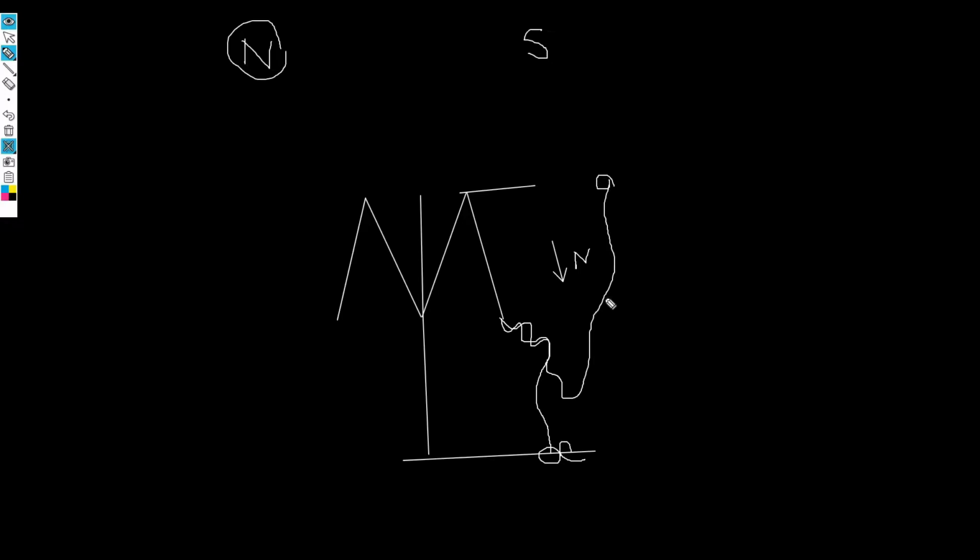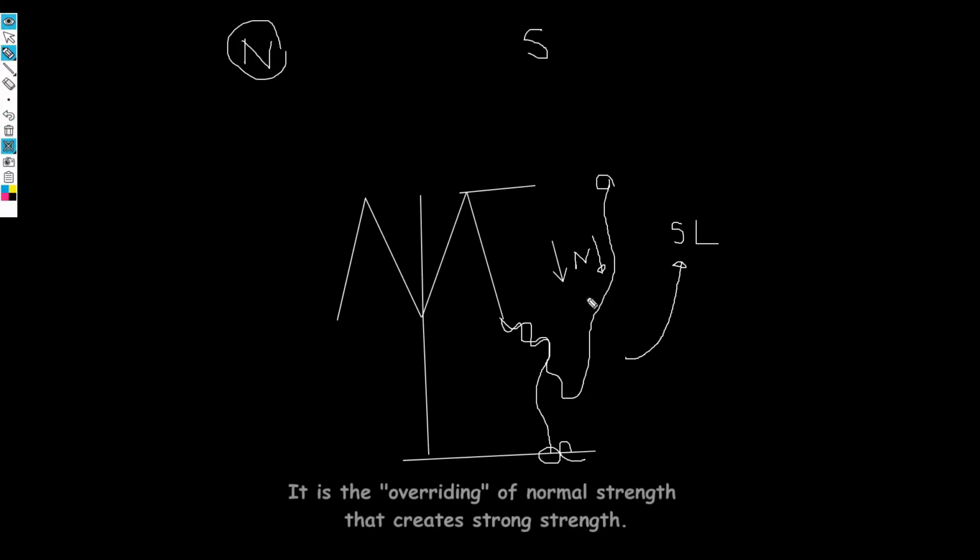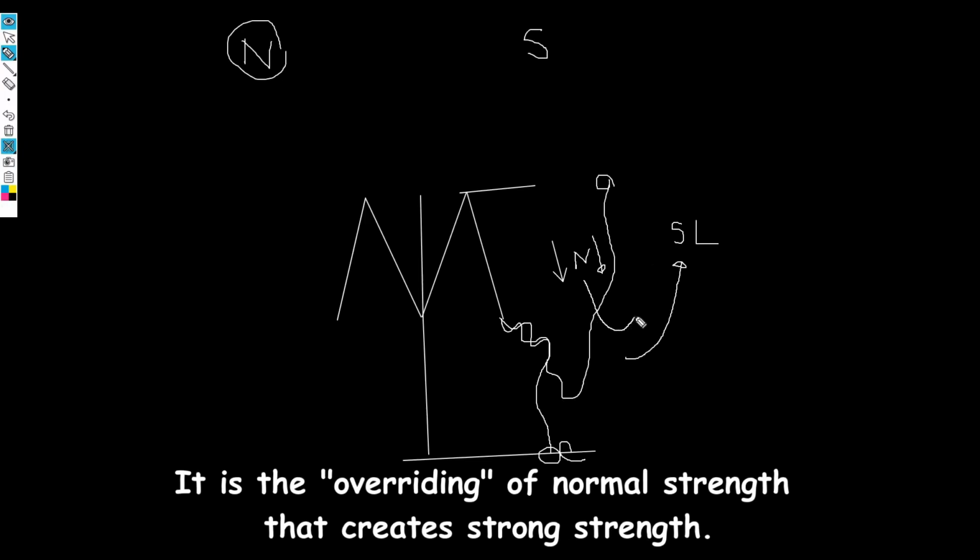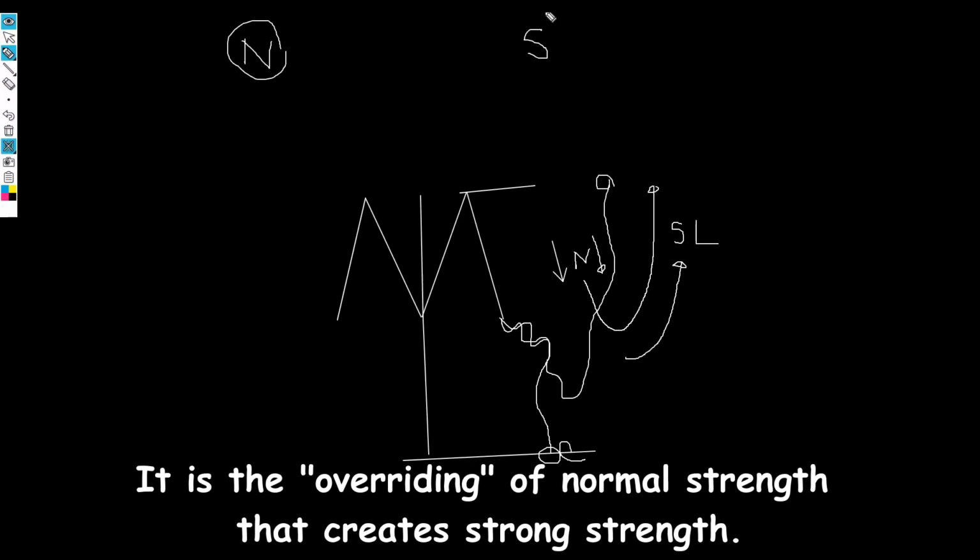Well, that would mean that although innately this legitimate double top created normal short strength, long strength was able to override that normal short strength, thus creating strong long strength. So you want to remember, it is the overriding of normal strength that creates strong strength through a price pattern.